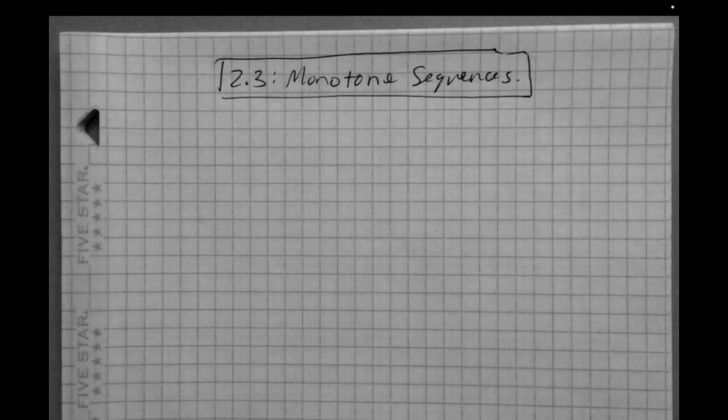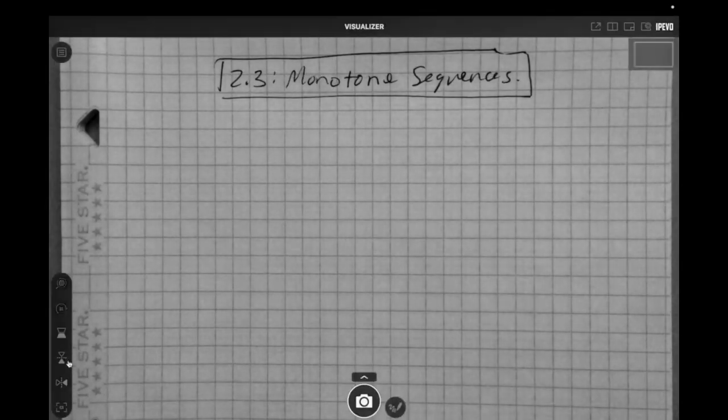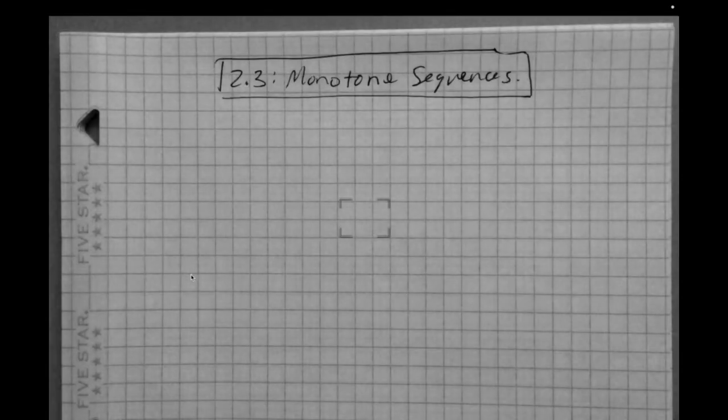So we'll call this section 2.3, monotone sequences. In the previous section, we've been discussing limit theorems, and in the prior lecture, we revisited a lot of the limit theorems we're familiar with from calculus and proved some of them, but more importantly, introduced a methodology for proving those types of theorems.